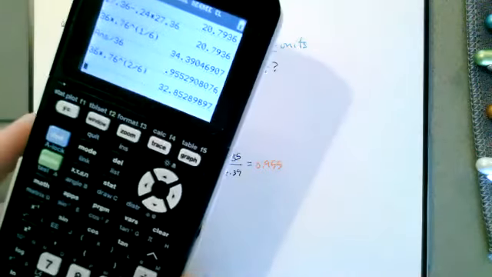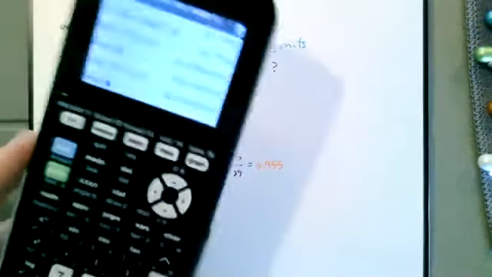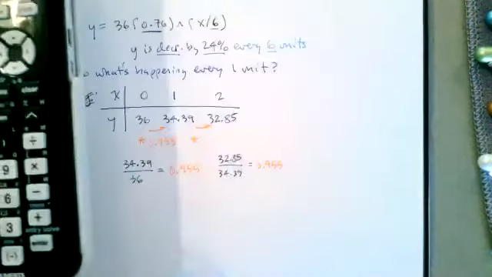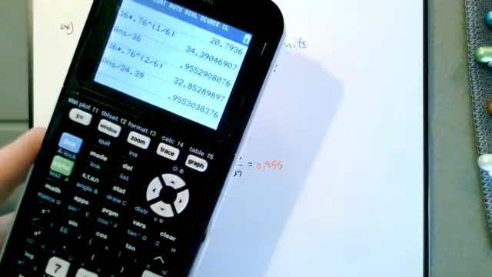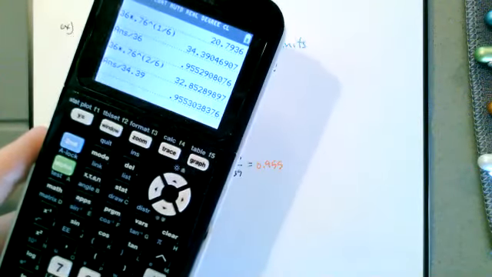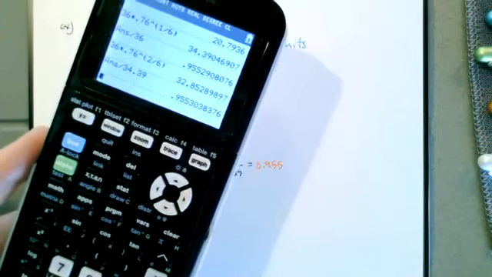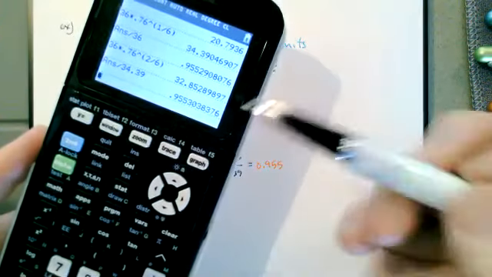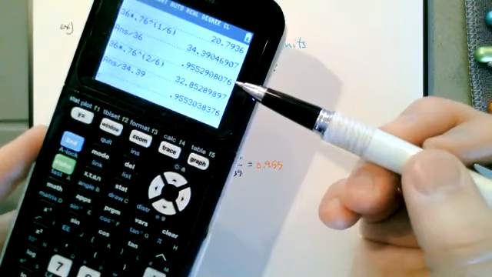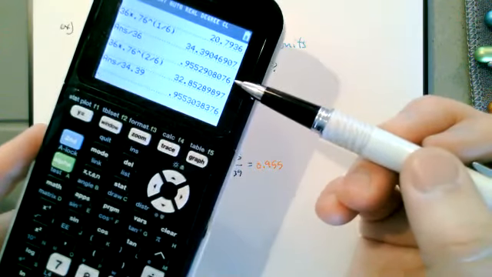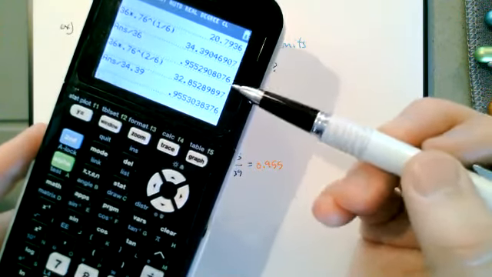If I take the 32.85 and divide by the 34.39, that gives us the 0.955. Notice it's a little bit different, very little bit different than the 0.955 we had before. In the 0.955 we had before, stuff hadn't been rounded off.